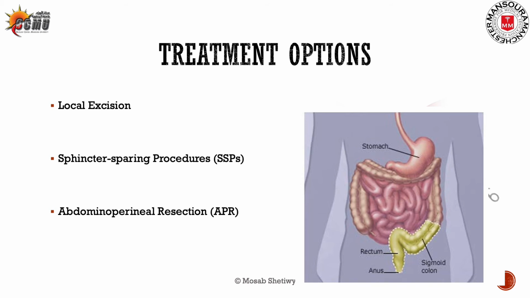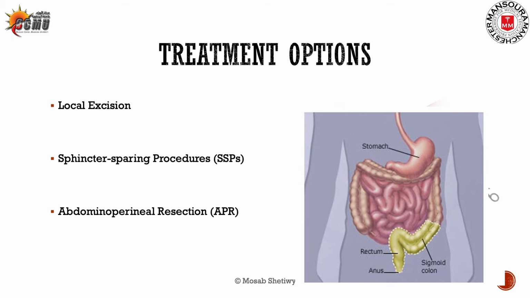A negative distal margin of 1 centimeter cannot be achieved with any of the sphincter sparing procedures, so a compromised margin is encountered. There is no value of doing sphincter sparing surgery with a very close margin. This is not radical, so abdominoperineal resection is indicated.